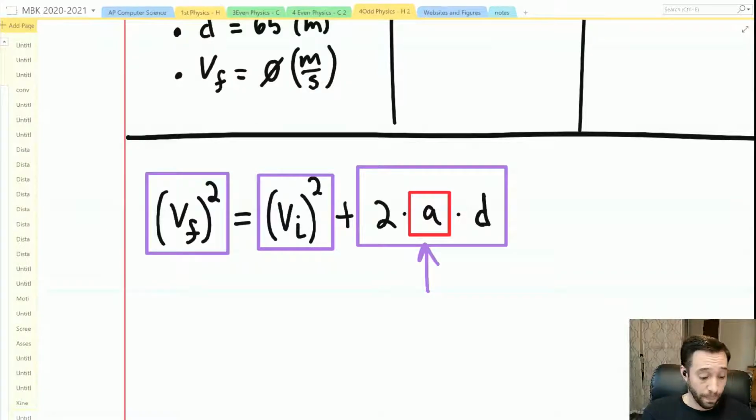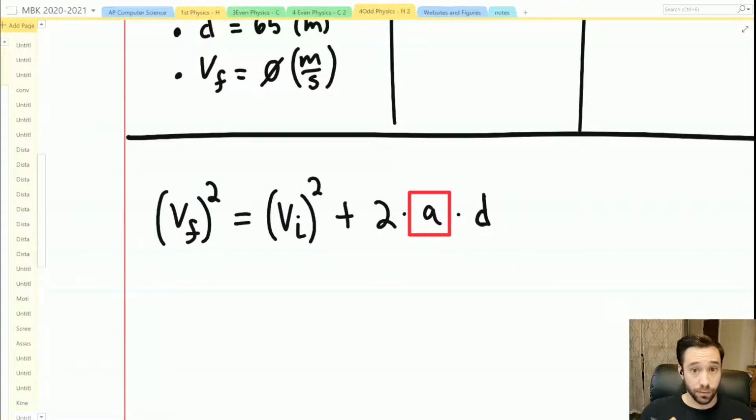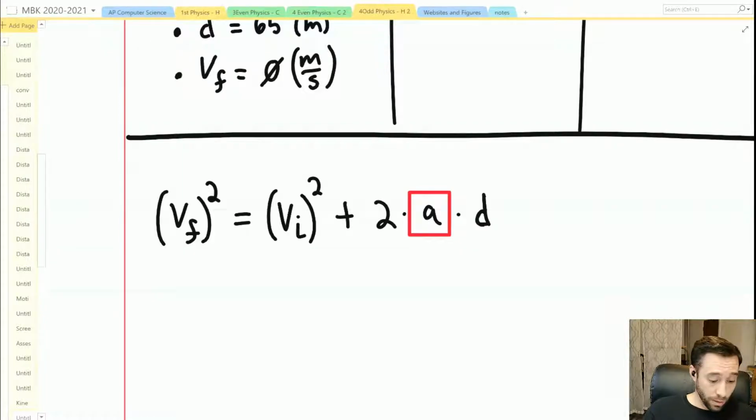Okay? And I know this is really basic algebra, but I want to do this so there's no confusion whatsoever. Okay, so this term right here, I'm going to keep it stationary. I'm not going to touch anything with the 2 or the d or the a, okay? Whatever's left over would be this, the v sub i squared.